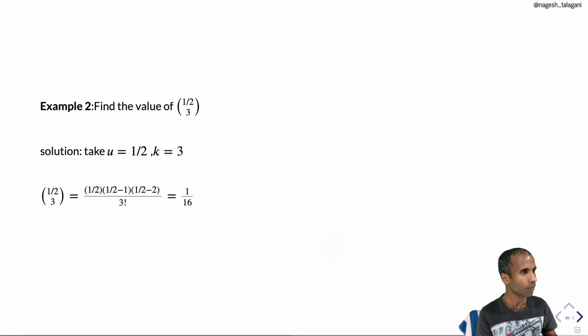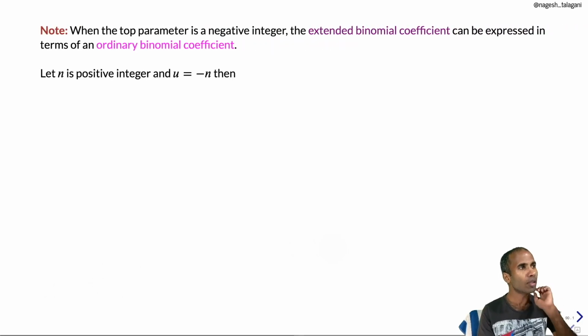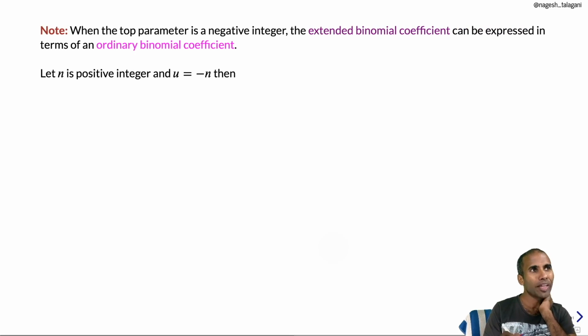Next, note when the top parameter is a negative integer, then this extended binomial coefficient can be expressed in terms of ordinary binomial coefficient. When I say ordinary binomial coefficient, I mean the top parameter is a non-negative integer. That is, if n is a positive integer and the top parameter u is minus n, minus n is going to be a negative integer.